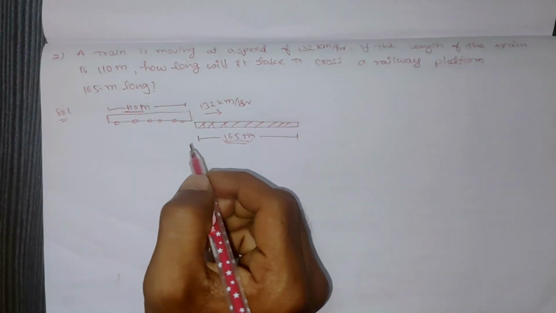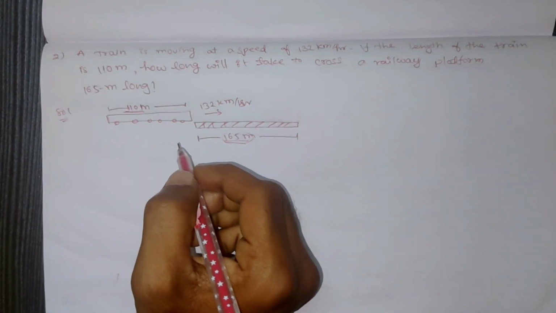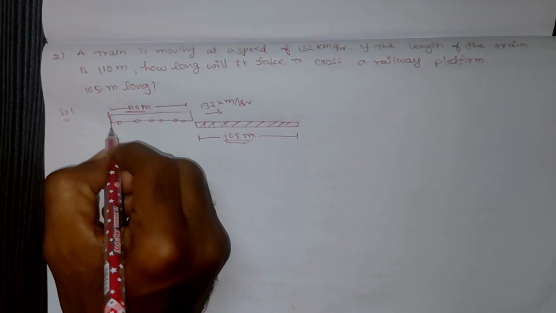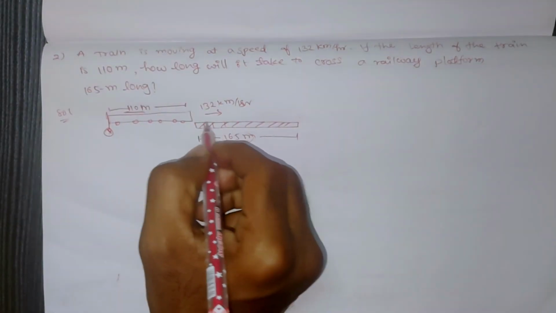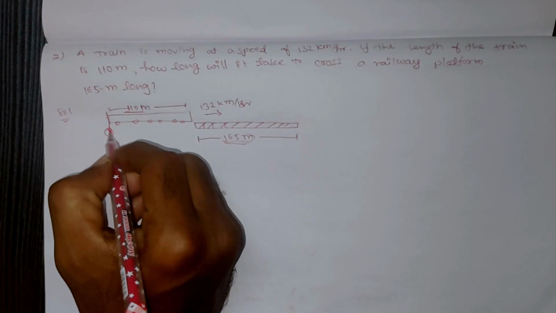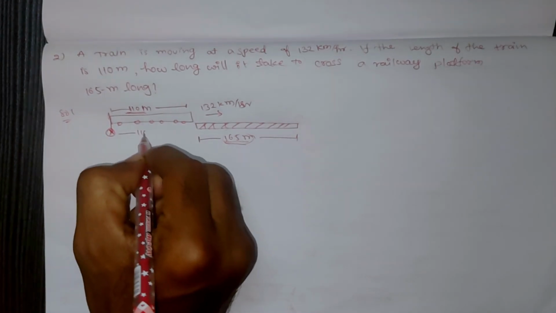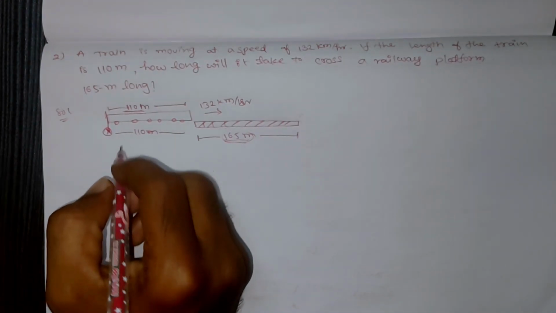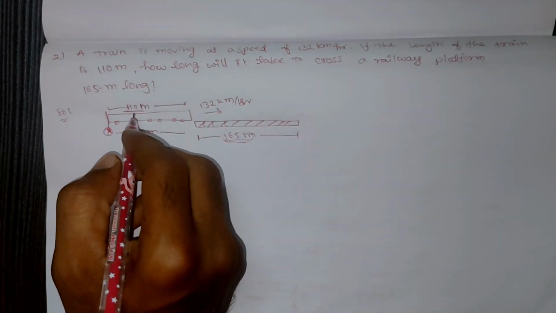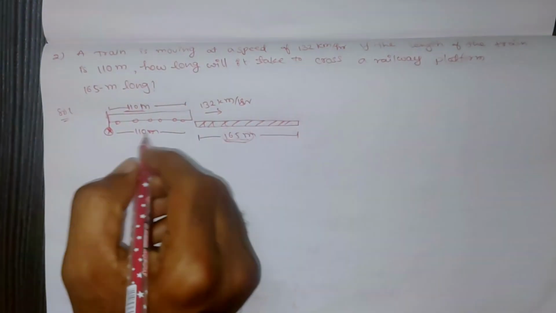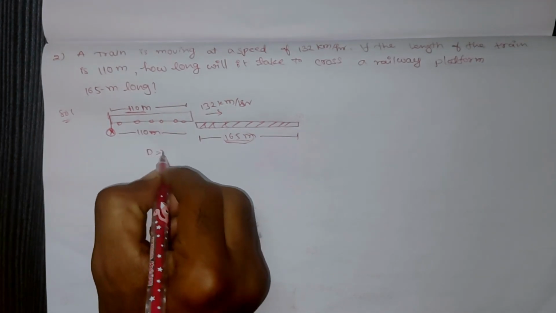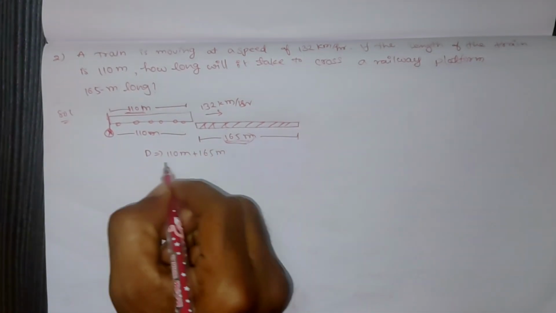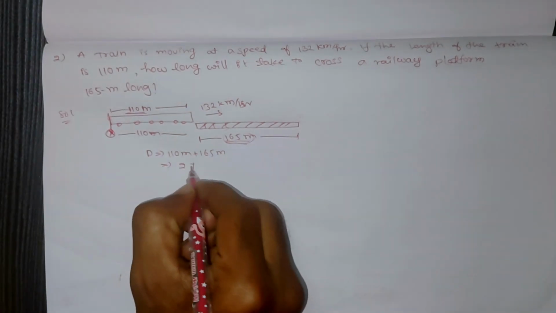As we have seen in our previous question, if we mark this endpoint as x, to completely cross this platform this x point needs to travel this 110 meters and this 165 meters. Then only will we consider this train as having completely crossed this platform. So the distance becomes 110 meters plus 165 meters, so we get 275 meters.